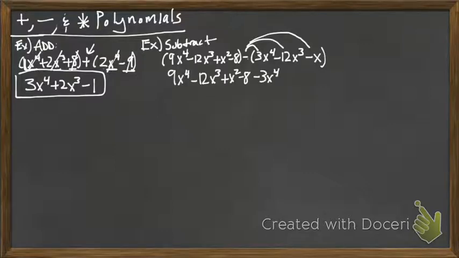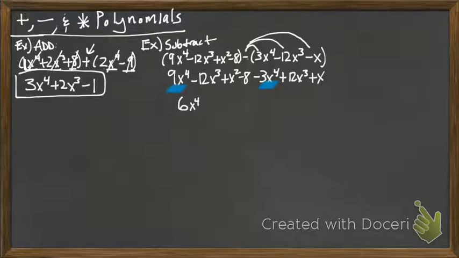Negative times a negative 12 makes a positive 12x cubed, and then negative times a negative x is positive x. So let's add up the like terms. I have an x to the fourth, and 9 minus 3 makes 6x to the fourth.